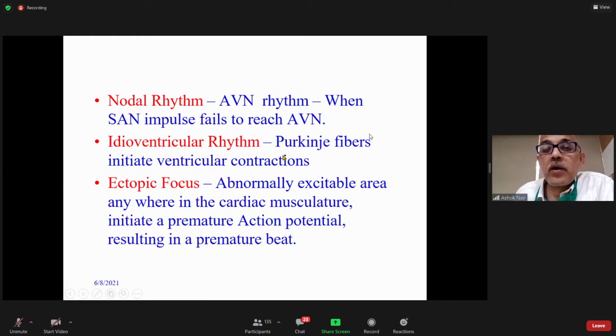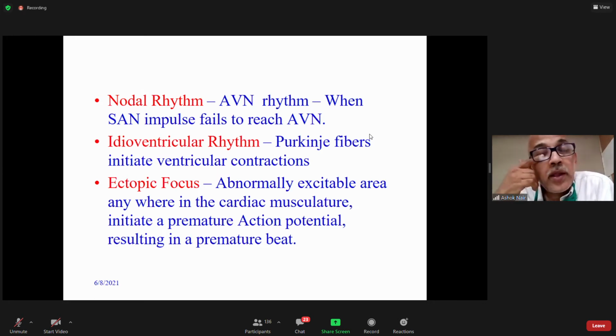Now, there are times when there's an exit block and the SA nodal rhythm is not reaching the AV node, or there's a block in between, and the AV junction has to generate the rhythm.